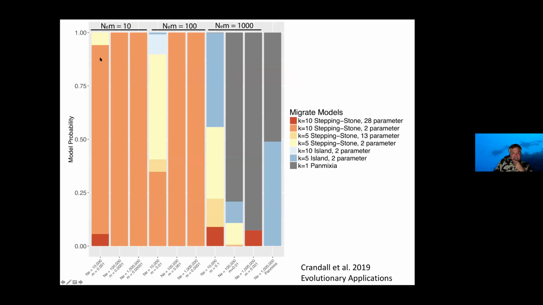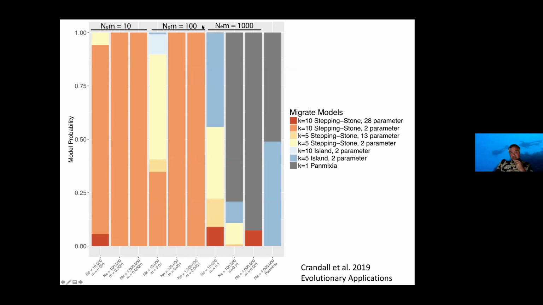The probability of each model is shown in the stacked bar. And you can see that for 10 effective migrants per generation, Migrate gets the correct model almost 100% of the time.